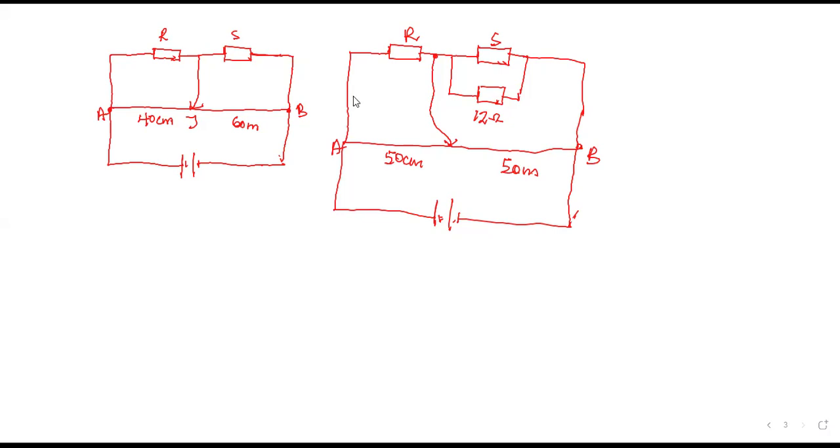Okay, so in the first case, we know that for meter bridge, R over S must be equal to L1 over L2, but if L1 is L, then L2 would be 100 minus L. So the initial resistance ratio R over S is 40 over 60, which is also equal to 2 over 3.